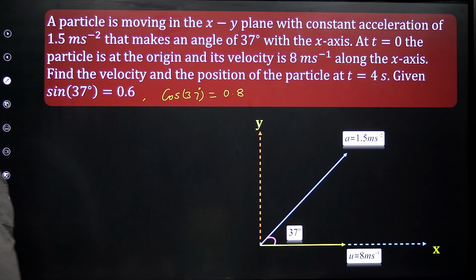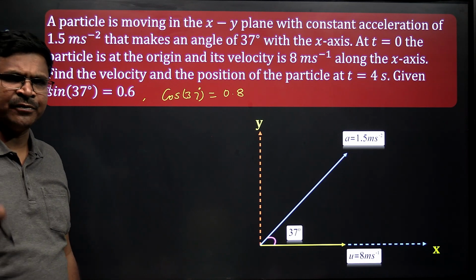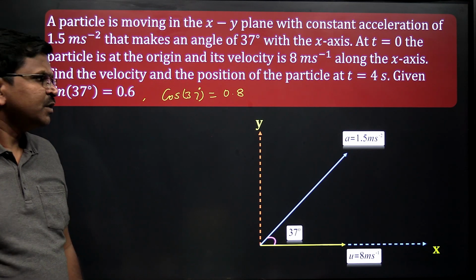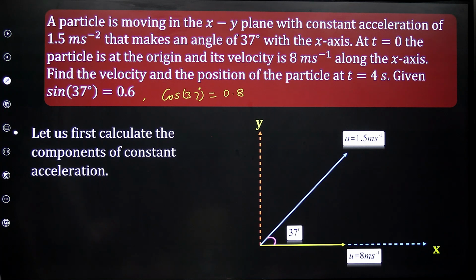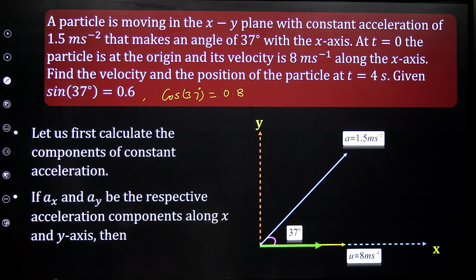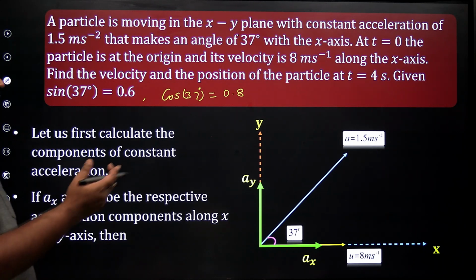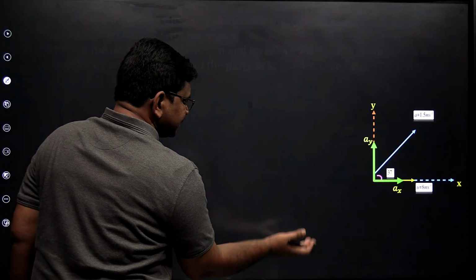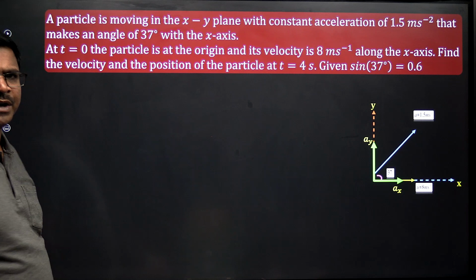So now observe this one. It is going to be a very easy question for you because it is just a matter of equations of motion. So now we must resolve that into the two components, x-axis and y-axis, right?